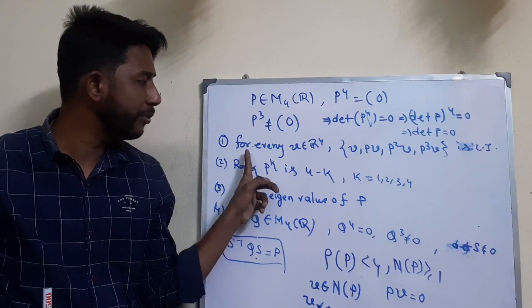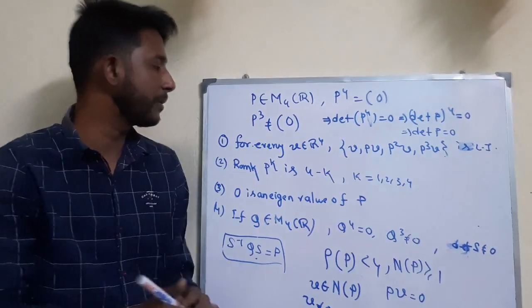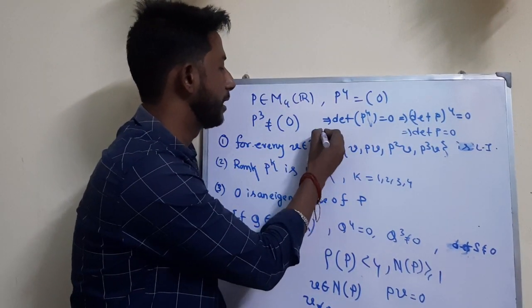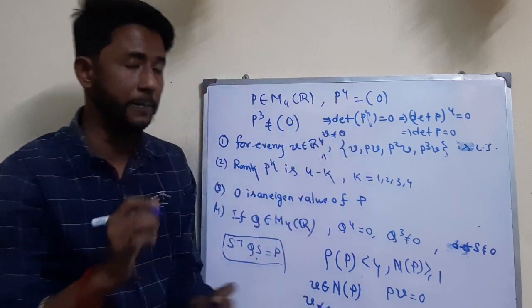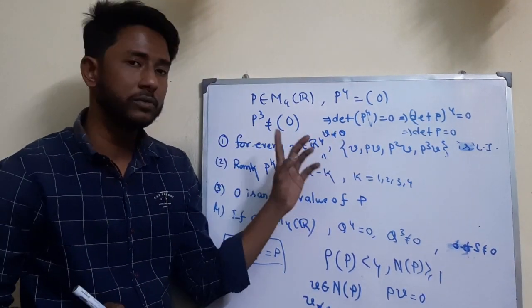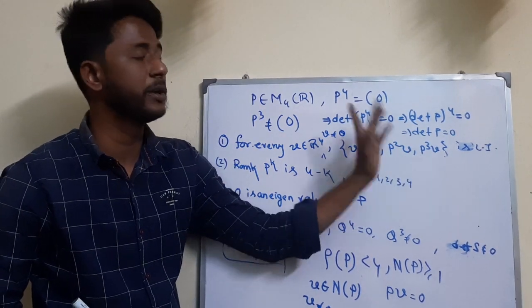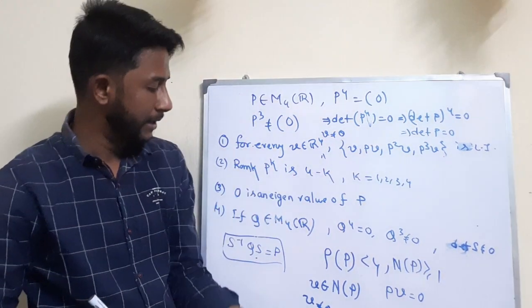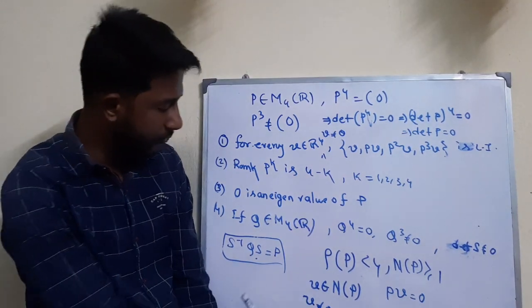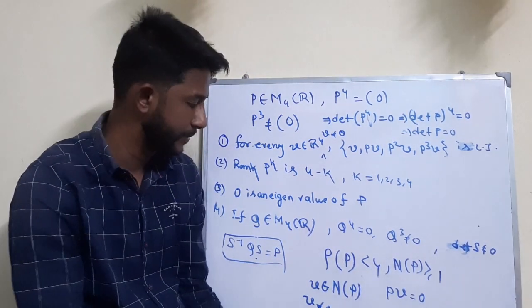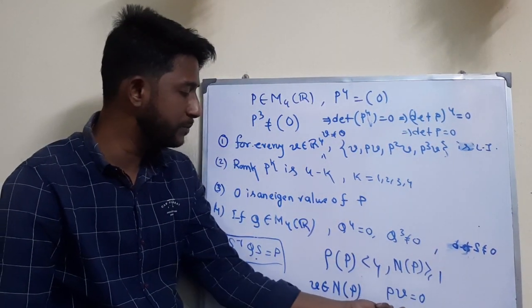The first option says that for every V belongs to R to the power 4, and V is a non-null vector, the vectors V, PV, P square V, P cube V are linearly independent. Now observe that we have chosen a V belonging to the null space of P. V belongs to the null space of P means PV is equal to 0.